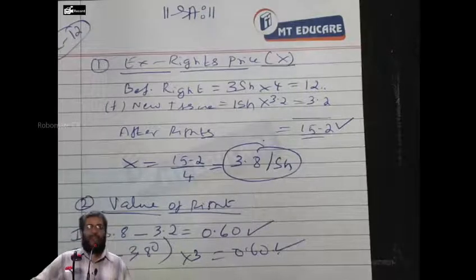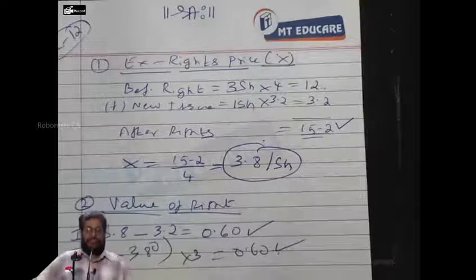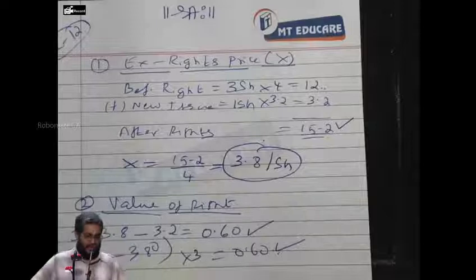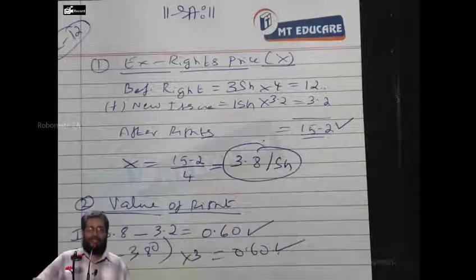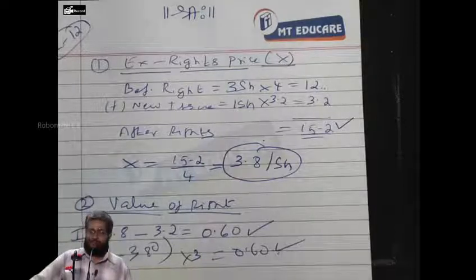Should charge 0.60 for the right given. Can I proceed or not? Next, last point. Point number 3.